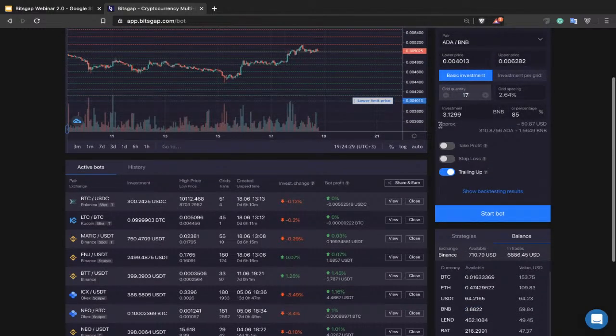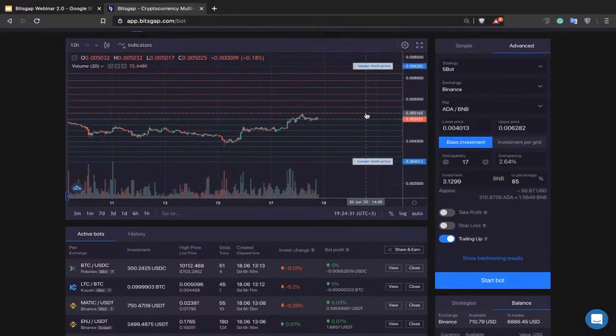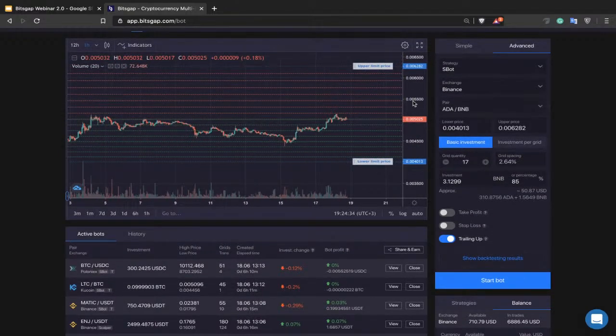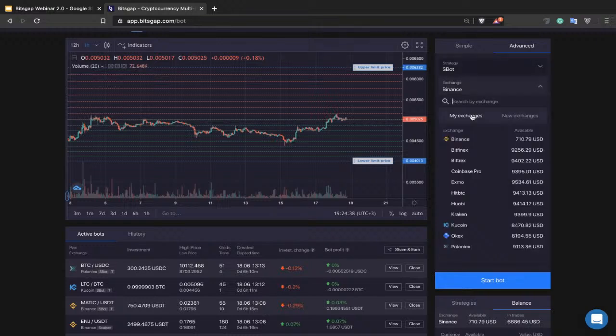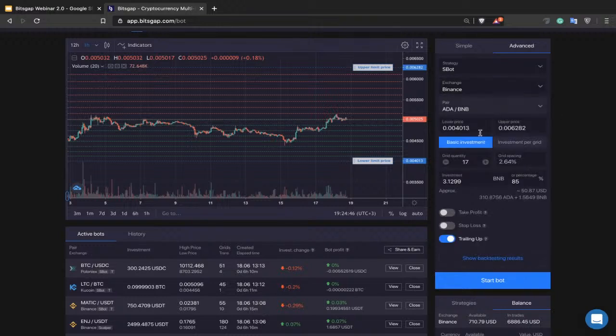All right, but now I'm able to launch the bot. If I don't like this kind of setup, I can switch to another exchange if I have it linked to the Bitsgap platform, and it can be that the same cryptocurrency pair can be launched with different settings, just because each cryptocurrency exchange has its own unique technical aspects.